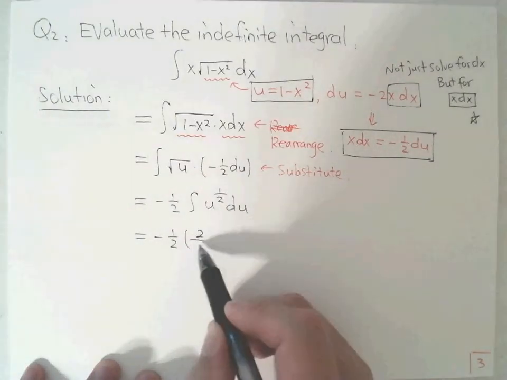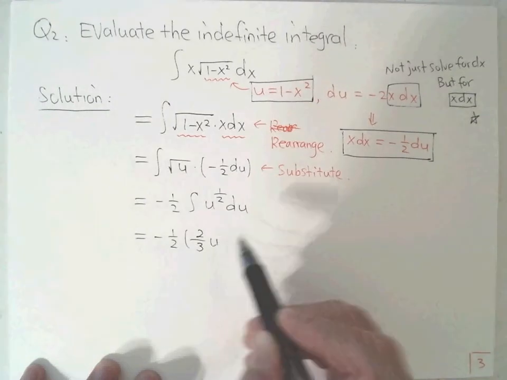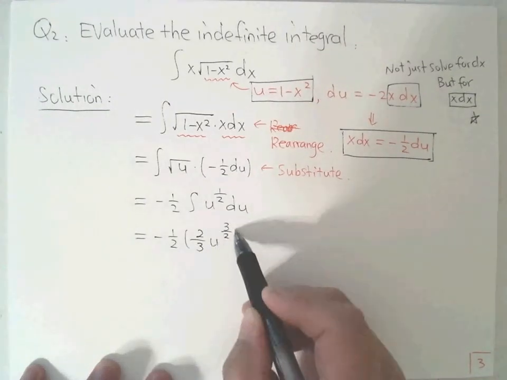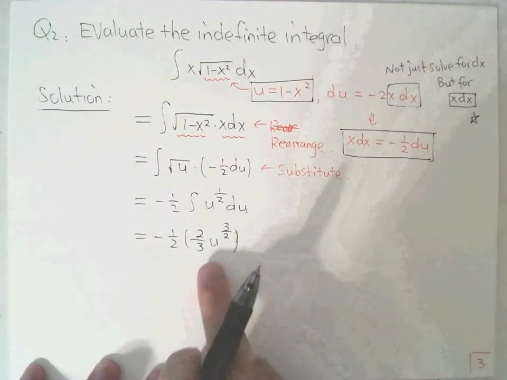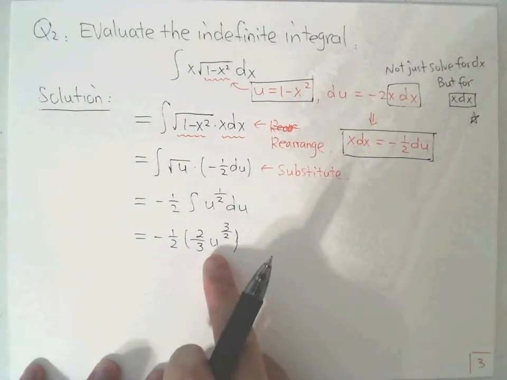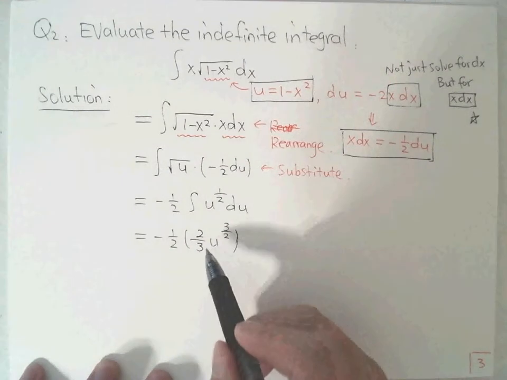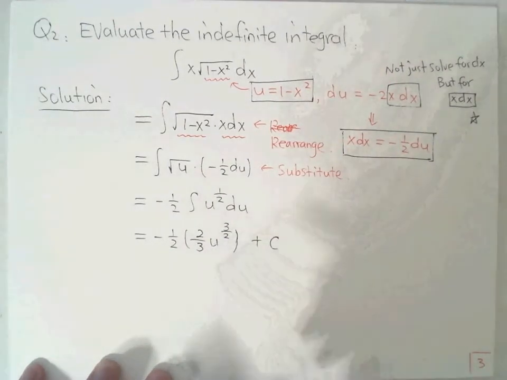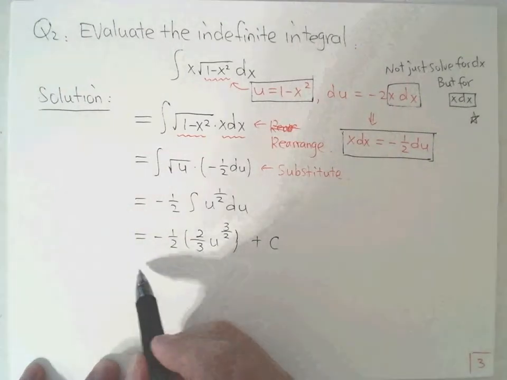Dividing by 3/2 means times 2/3. But this is not all the antiderivative. This is one antiderivative. We need to add plus c.